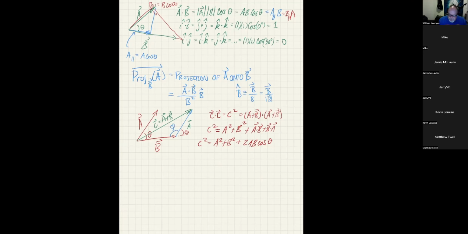And notice that's opposite C. So you might even say that you have C squared equals A squared plus B squared minus 2AB cosine phi. Both of those are things that I consider basically the law of cosines.